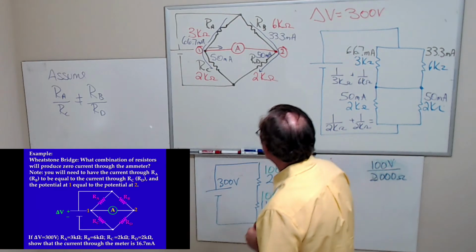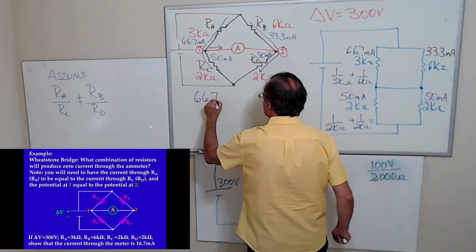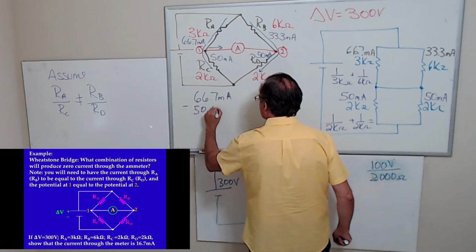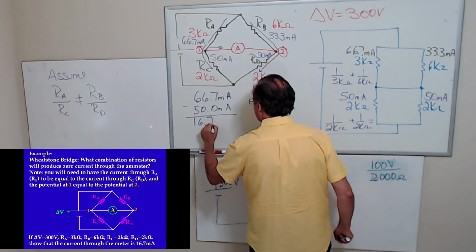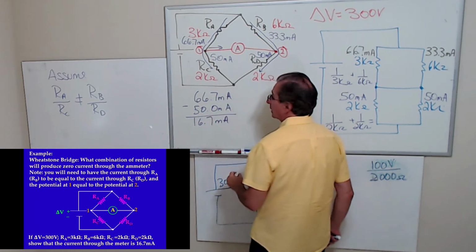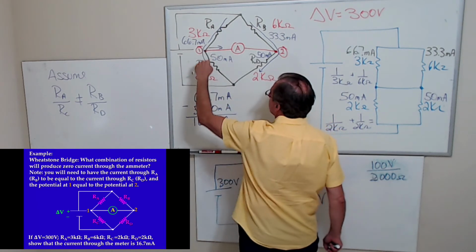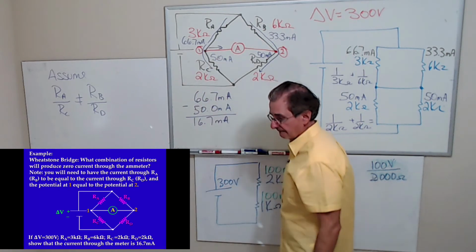Yeah, 16.7 goes through the ammeter. Remember, charge has to be conserved. So just think of water flowing through a pipe. If you have less water going here than here, then some of it had to go that way.